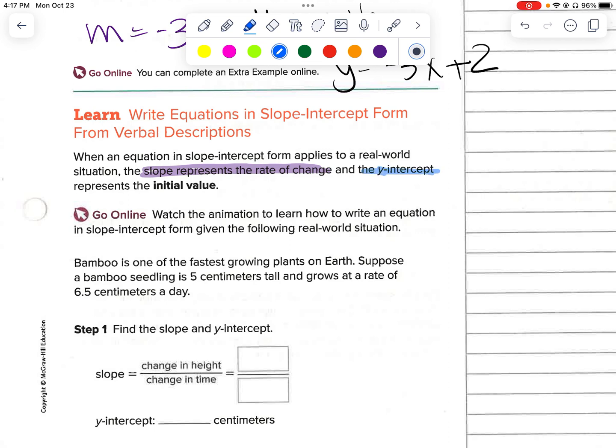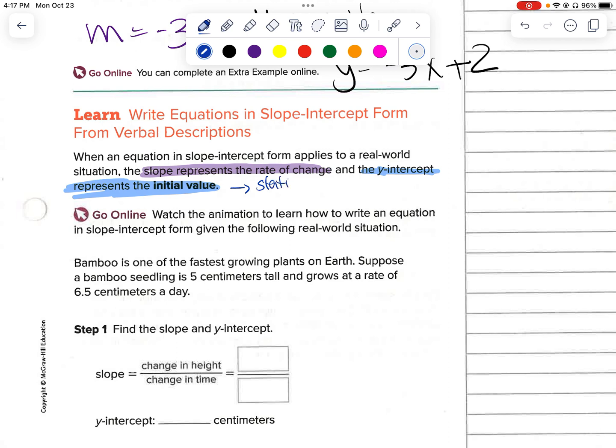The y-intercept is the initial value, okay? When we talked about it before, we also talked about it being the initial fee. What else did we call it?